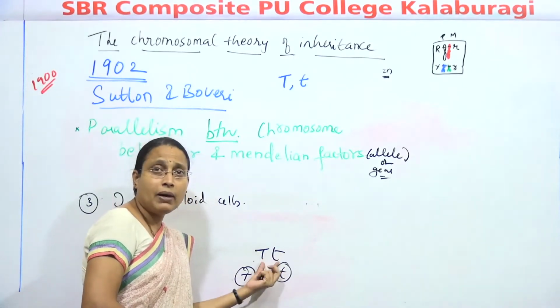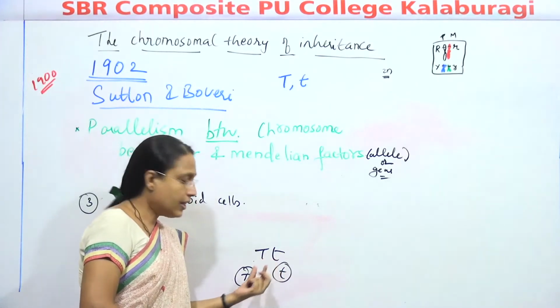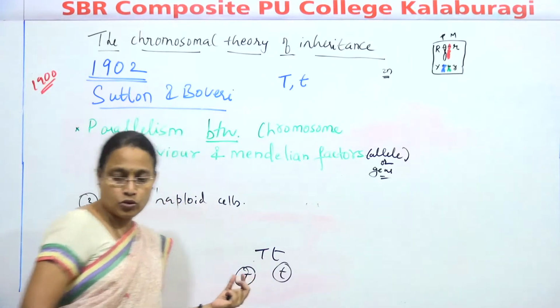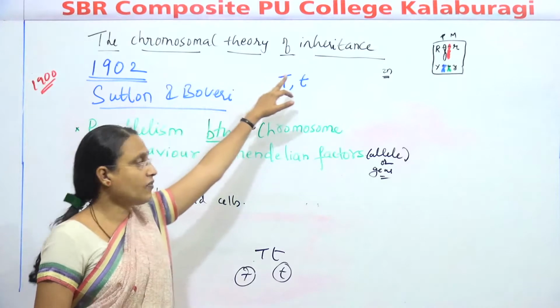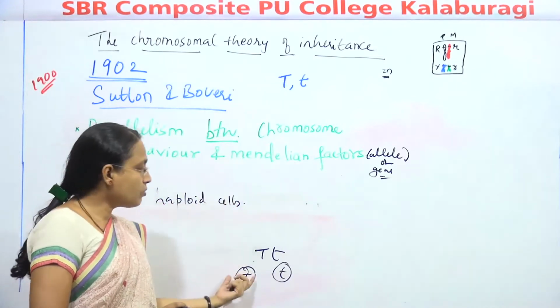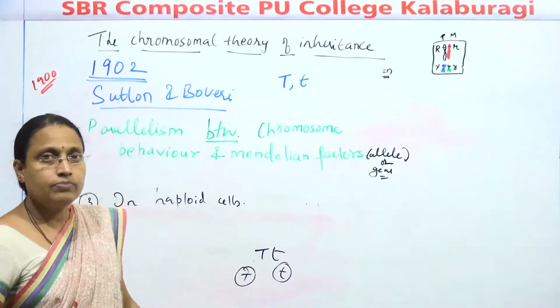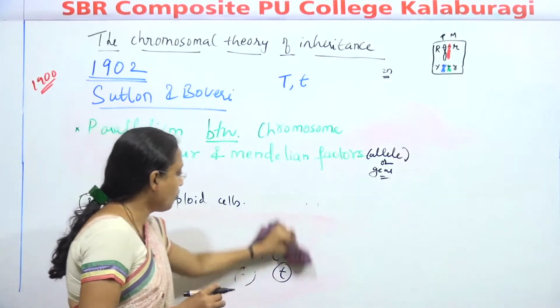That means among the identical pair, the gamete will receive only one of the pair of chromosomes in case of chromosomal inheritance. And Mendelian factors, what is it? The gametes will receive only one of the factors as well.